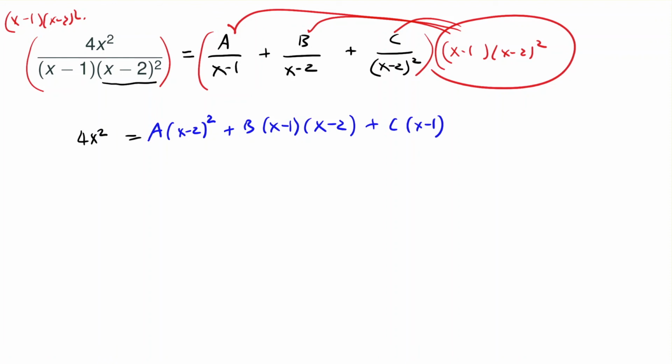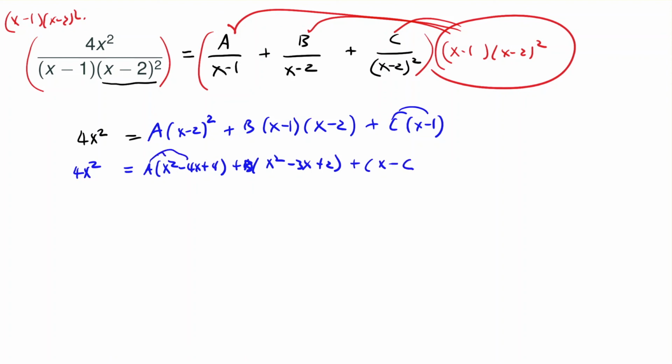Okay. So at this point, we have to multiply everything out. So 4x squared, we don't change the left side. A times x squared minus 4x plus 4 plus b times x squared minus 3x plus 2 plus we distribute this, cx minus c.